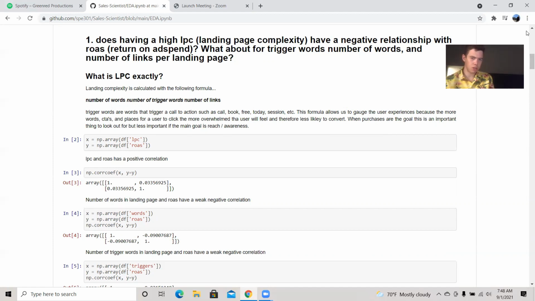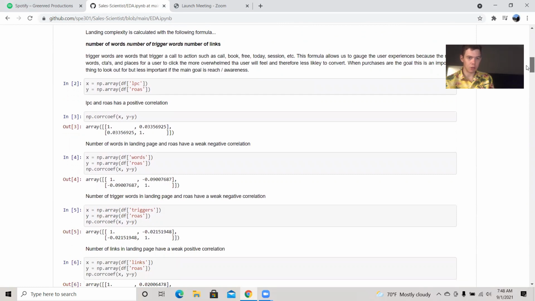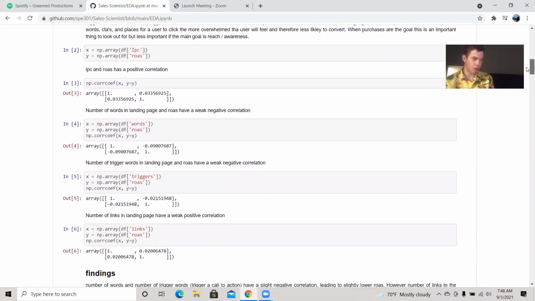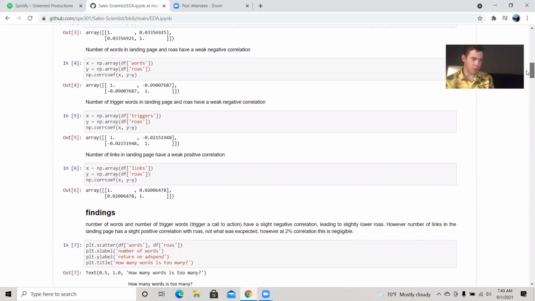Words have a negative correlation, so the more words, the less return on ad spend the company has. Trigger words have a slight negative correlation, though not as much as words. And links actually have a slight positive correlation between return on ad spend and number of links.